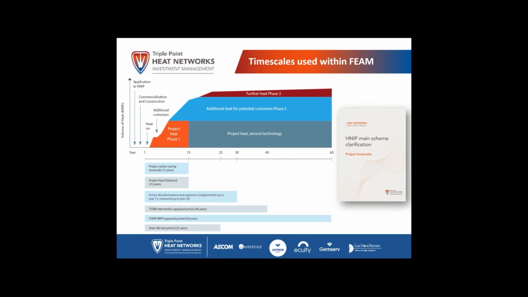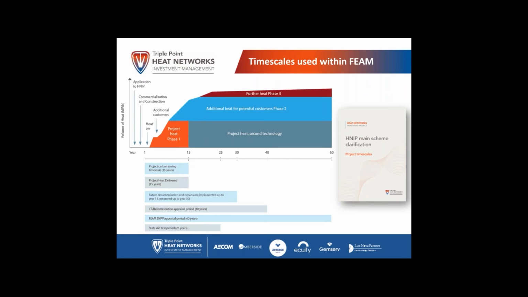So the other calculations within the model, there's the project carbon saving metric, which is the amount of CO2 saved divided by the GGE. That's done over a 15-year period. The amount of heat delivered divided by the GGE is done over a 15-year period. Future decarbonisation is done over a 30-year period.